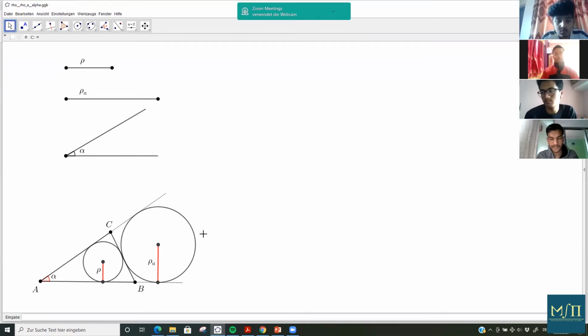So let's see how we can attack this problem. Here we don't have a side to start with, so we will have to start with something else. And here it seems to be reasonably obvious to start with the angle. We're not going to start with the inradius or the circumradius, although one option would be to start with the incircle and then to see what happens.